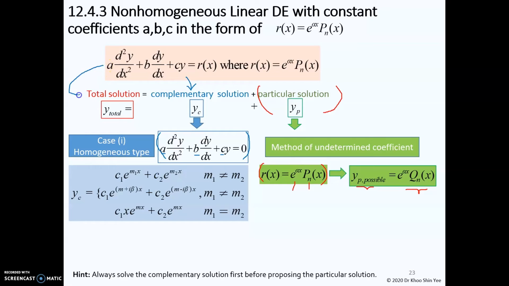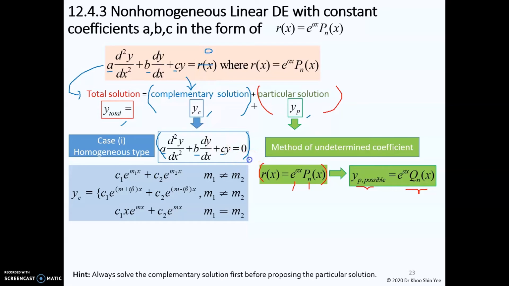Also, we know that for the second order linear ODE with constant coefficient ABC, the total solution will be equal to the complementary solution plus the particular solution. So previously we learned how to obtain the complementary solution by considering the Rx here equal to 0.